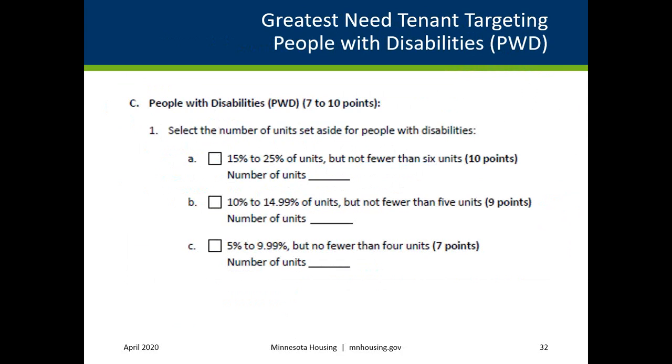The category is not limited to a mobility impairment, and the election triggers the requirement that at least 50% of the total units are accessible per Minnesota Accessibility Code, Type A or B. Minnesota Housing considers accessible units to be Type A and/or Type B units, as identified in the referenced Chapter 1341, also known as the Minnesota Accessibility Code.